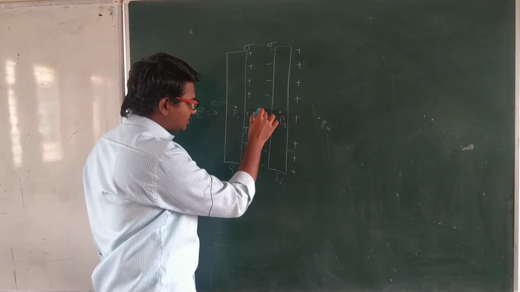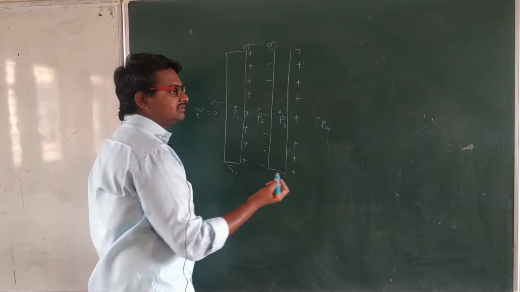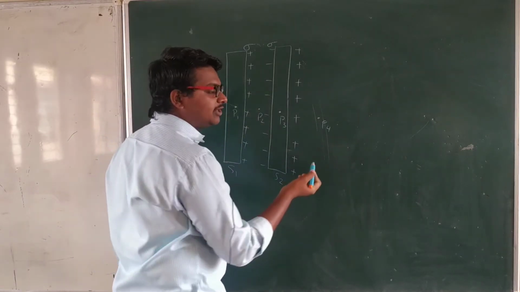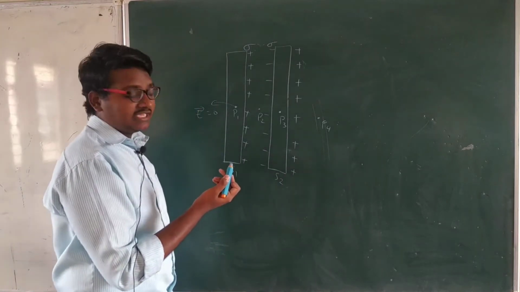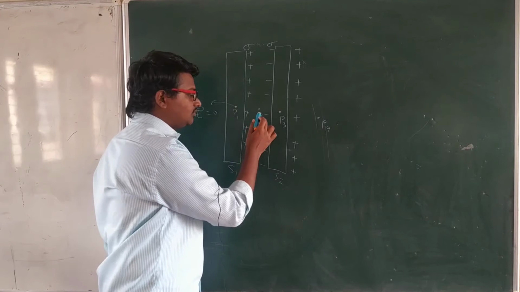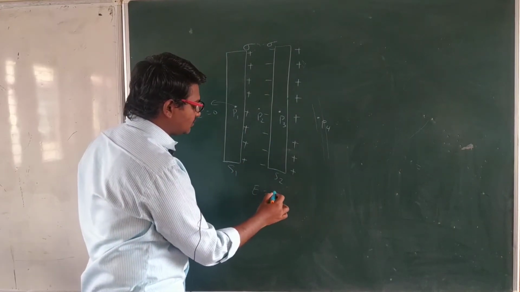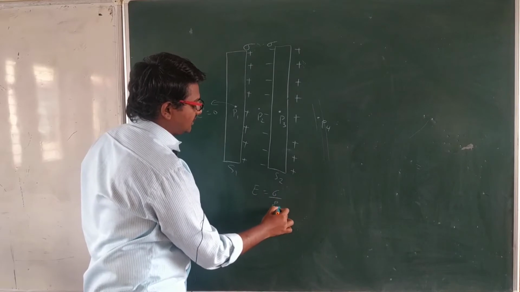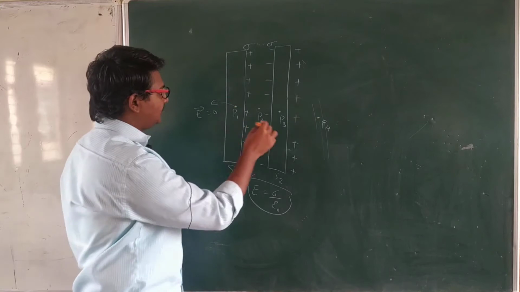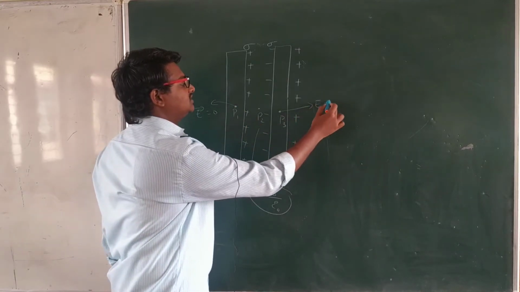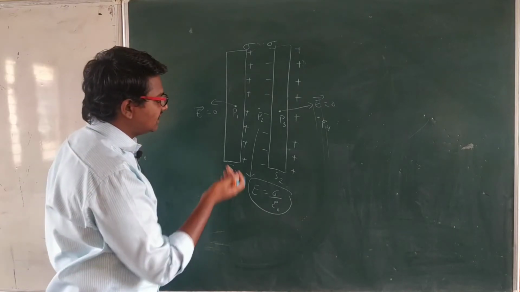At P2, according to the plane sheet derivation, sigma by 2 epsilon naught, so from there we can say directly that P2 will exhibit the electric field E equal to sigma by epsilon naught. What about P3? P3 is obviously equal to 0 because it is inside the slab.